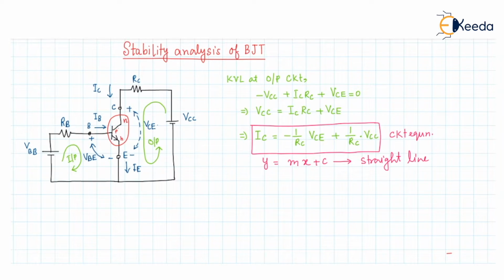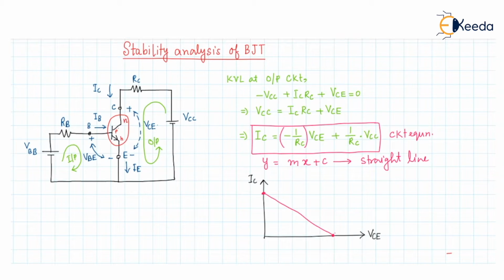If I plot IC on the y-axis and VCE on the x-axis, then we will get a plot like this. This will be a straight line because the slope here is negative.